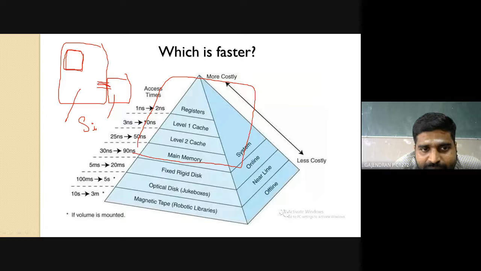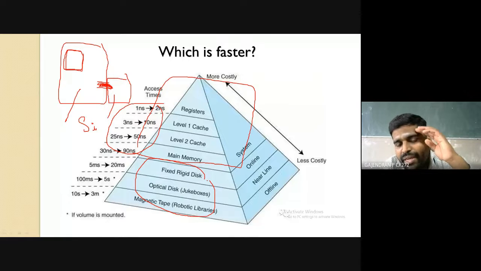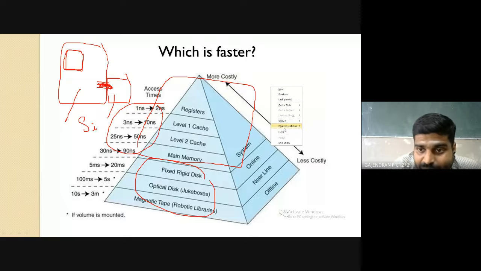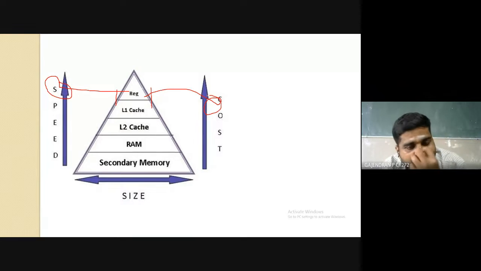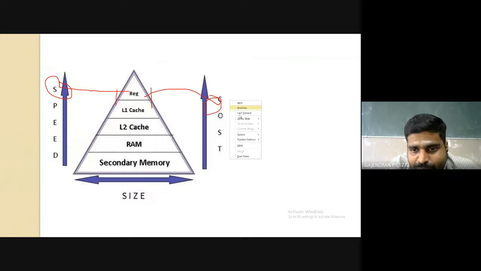Therefore, the communication time is very, very less as compared to your other memory devices. So that is the idea behind your memory hierarchy. Okay, so இது ரொம்ப சிம்பிளா பார்க்கணும் அப்படின்னா secondary memory, RAM, level 2 cache, level 1 cache and register. So இங்க பார்த்தனா size is less, but speed is more, cost is more. Okay, I hope this diagram is clear to you people.